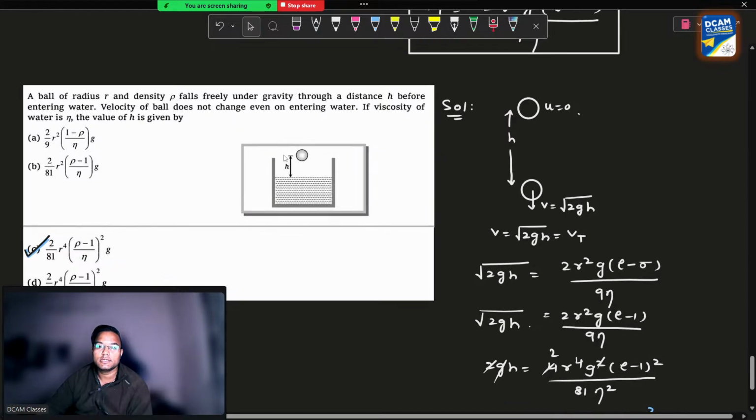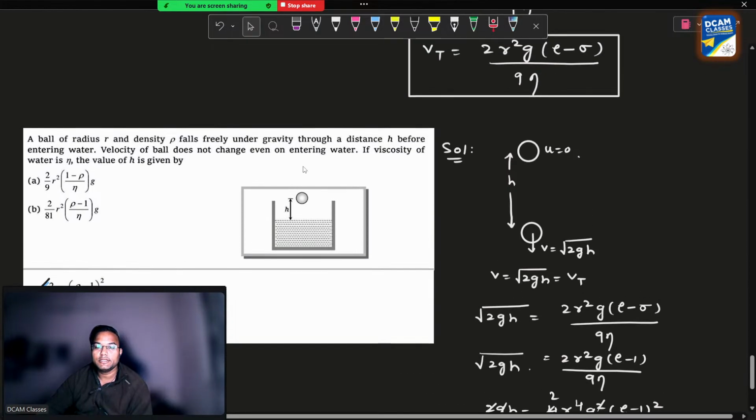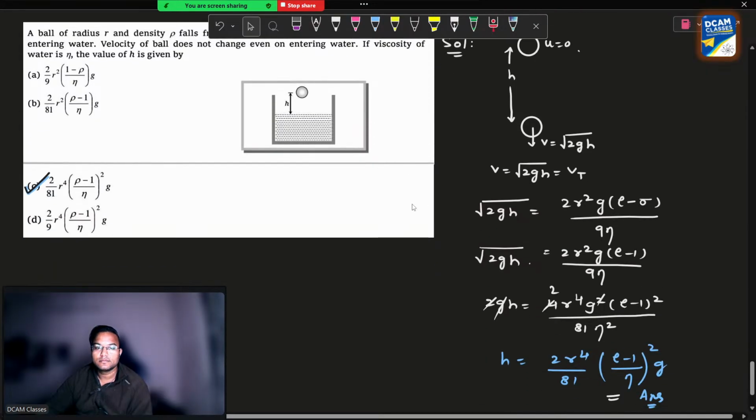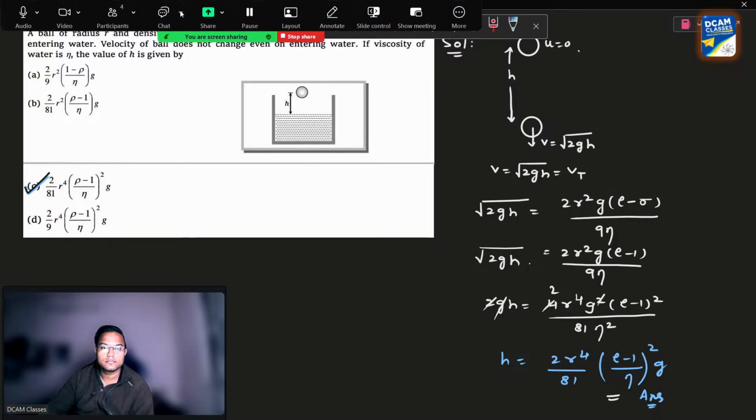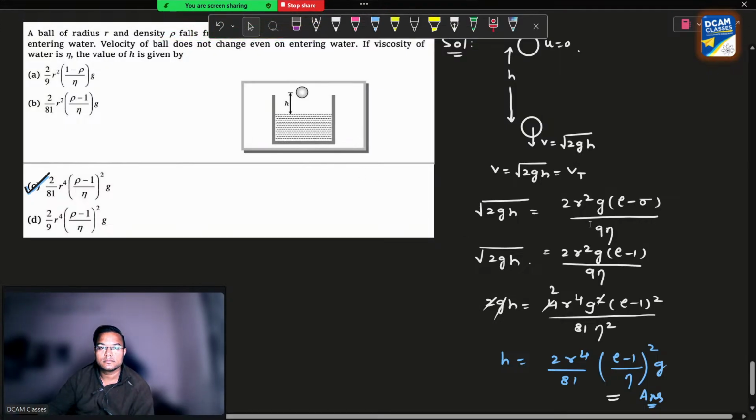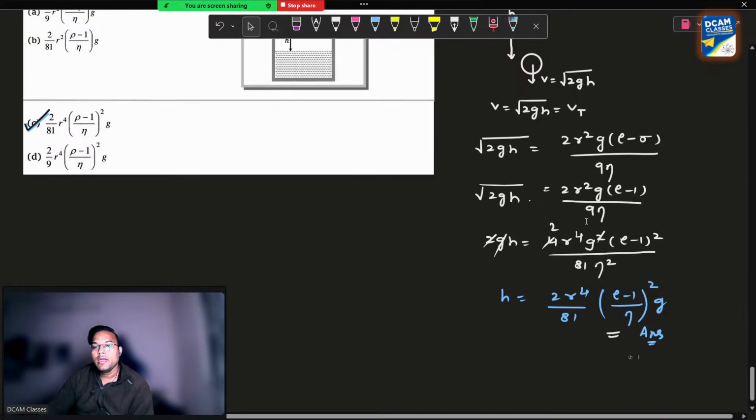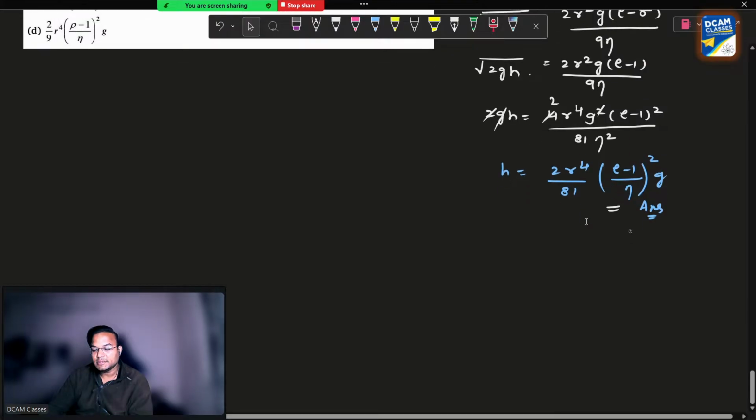How to solve this question? What about you, Kanishka? Some silly mistake you must have made. It's actually not a difficult one, it's an easy one.